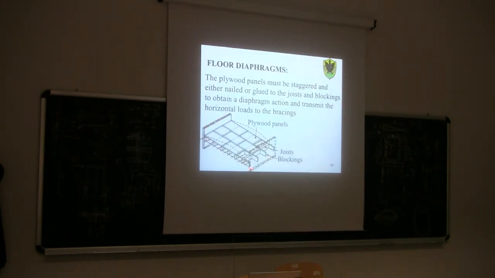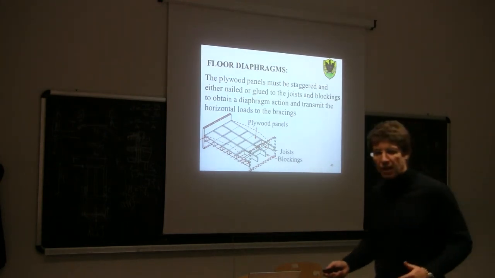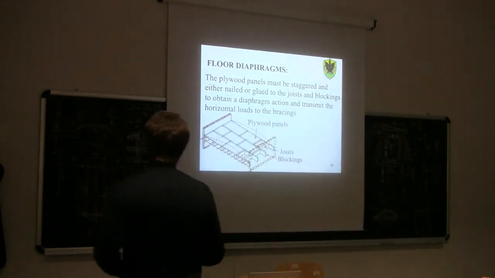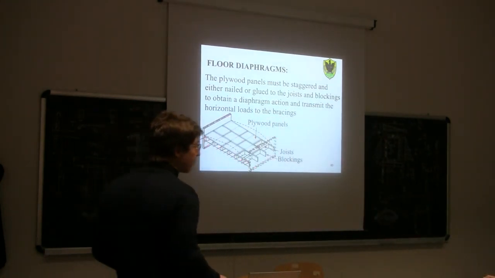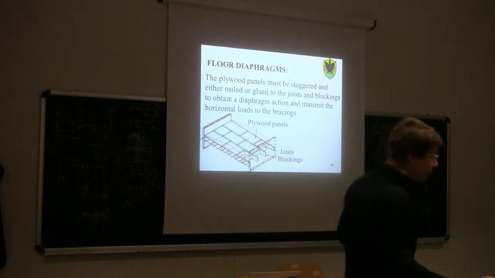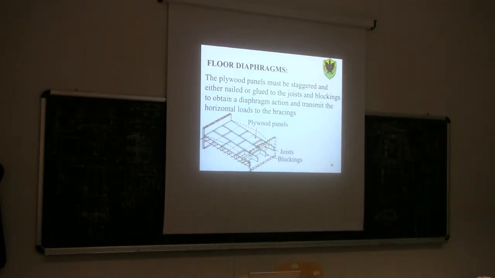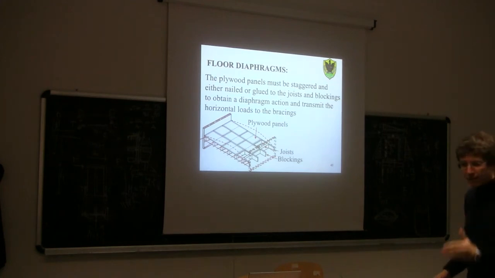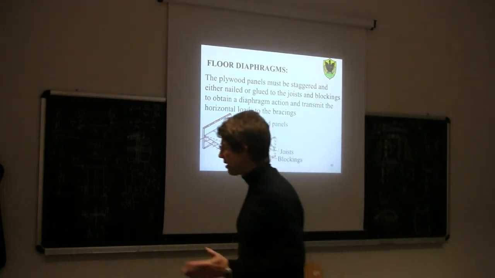Now, of course, it's very important to design the floor in such a way that the floor itself is able to transfer the horizontal load to the vertical bracing. So the shear walls, what we studied before as shear walls, those shear walls become the bracing system of the building. So the building is braced by shear walls because as we saw before, the shear walls are able to resist both gravity loads and horizontal loads.